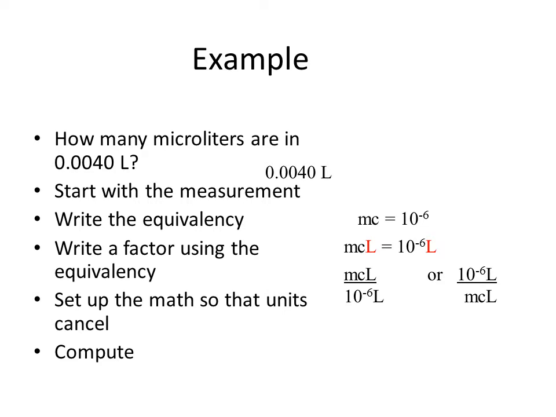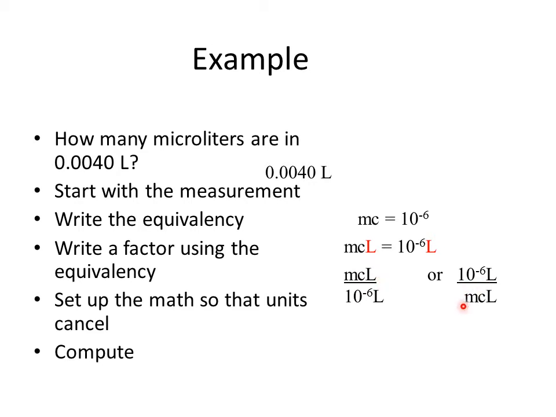So I go back to my initial measurement and I see that it says liter. So I need to get rid of that liter and go to microliter. I've got to mathematically get rid of my liter. If I look at these two fractions, what will this one do? This one will cancel liter out because it's in the denominator where this is in the numerator, and give me microliter.